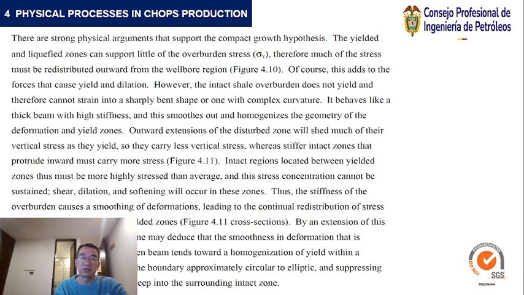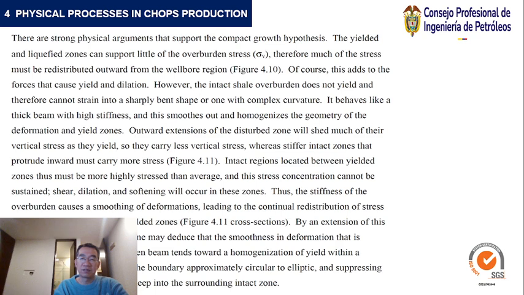the geometry of the deformation and yield zone. Outward extensions of the disturbed zone will shed much of their vertical stress as they yield, so they carry less vertical stress, whereas stiffer intact zones that protrude inward must carry more stress.